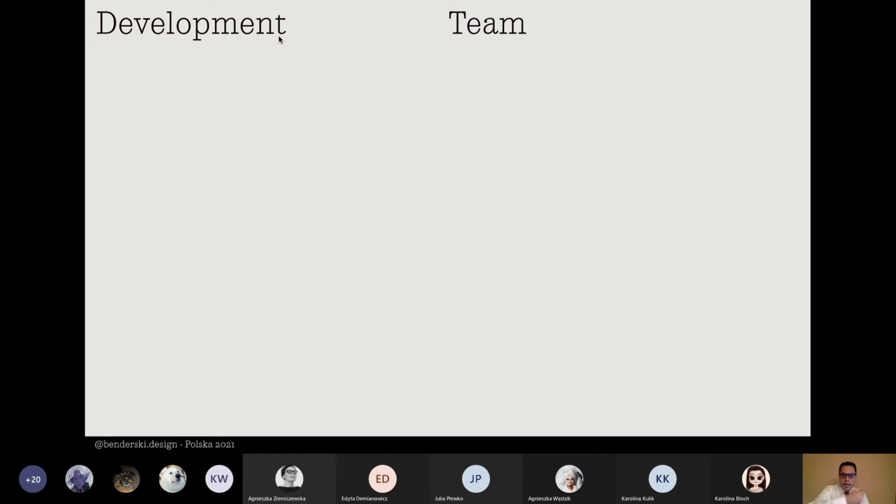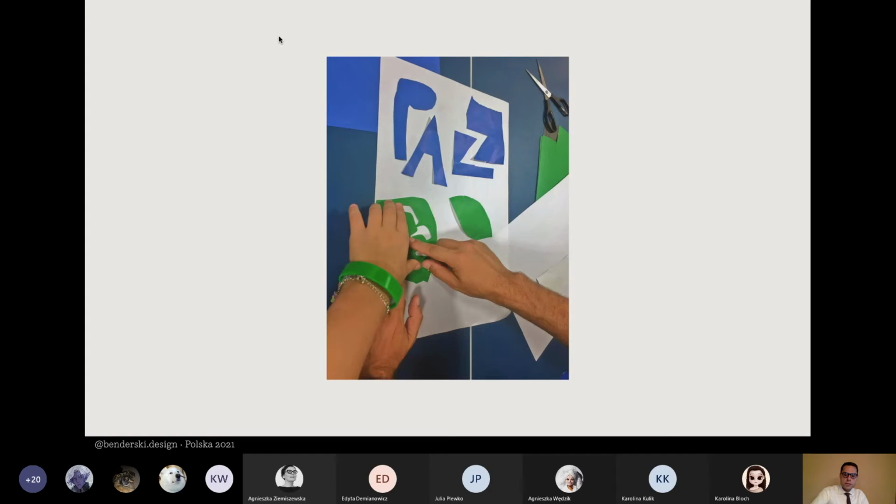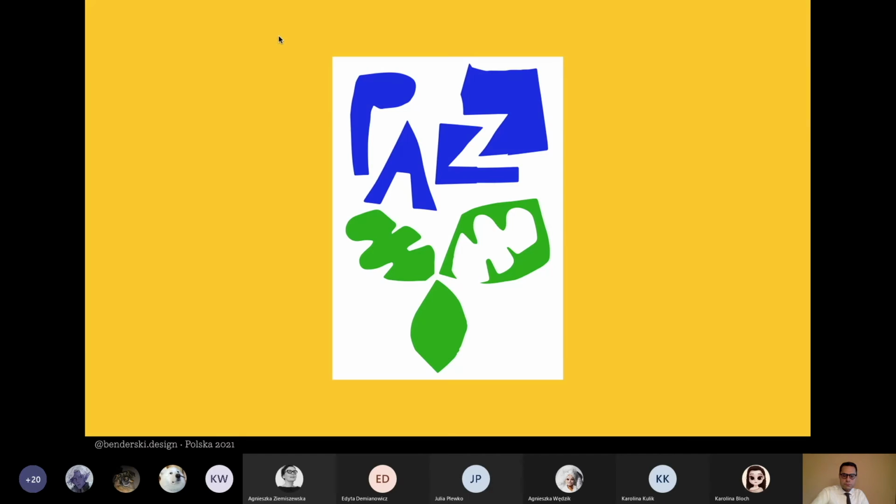Team. When you're working with somebody else, I like to say that working with a team is like playing ping pong. It's like yours, mine, yours, mine, yours, mine, and that is what creates the actual work. So here you can see my hands and the hands of a girl working together to compose a poster.